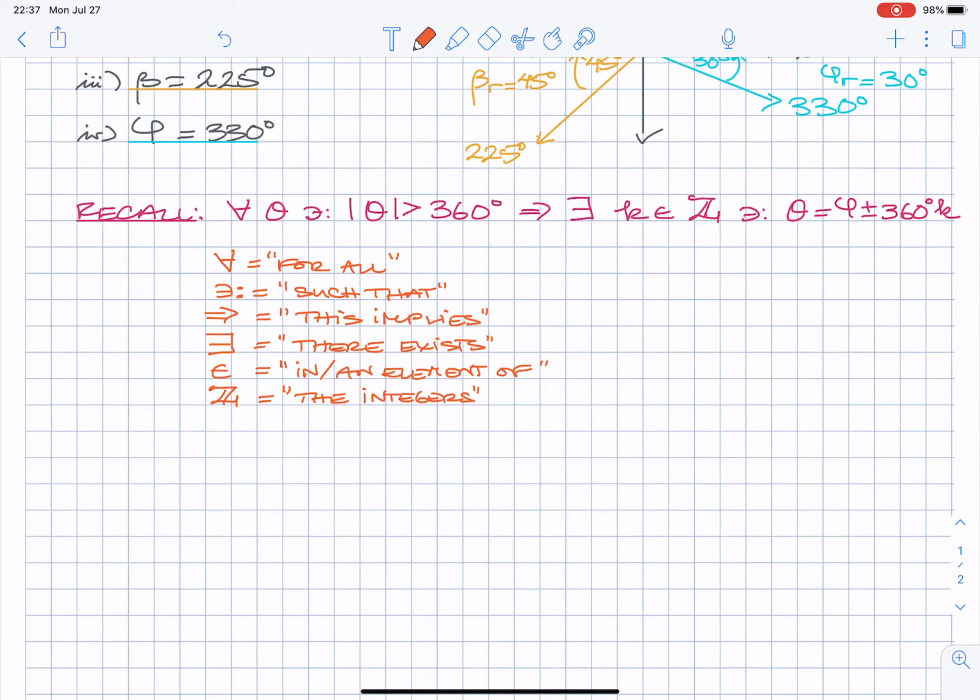Once again, we have such that theta is equal to phi plus or minus 360 times k.